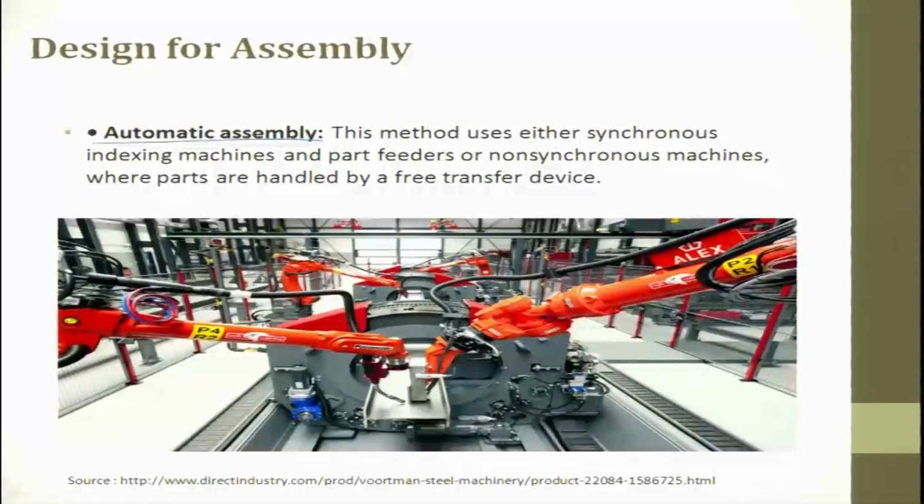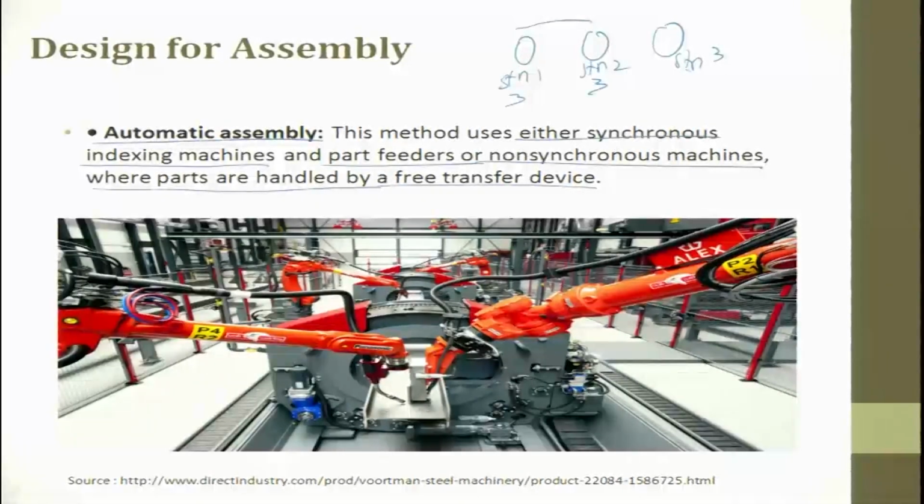This method uses either synchronous indexing machines with a part feeder, or non-synchronous machines where parts are handled by a free transfer device. So, we have synchronous and asynchronous machines. Synchronous machines are, suppose there are 3 machines. The cycle time for station 1, station 2, station 3, if it is all balanced, is 3 minutes, 3 minutes and 3 minutes.